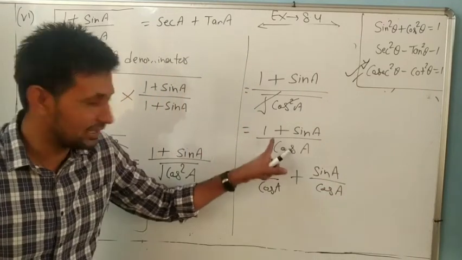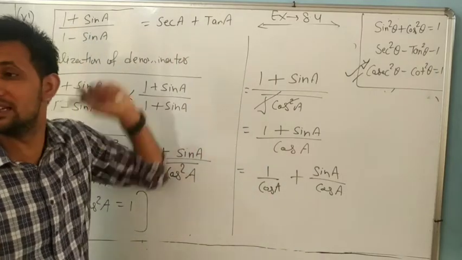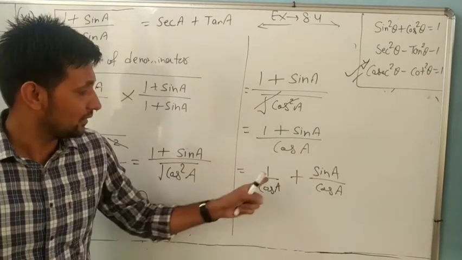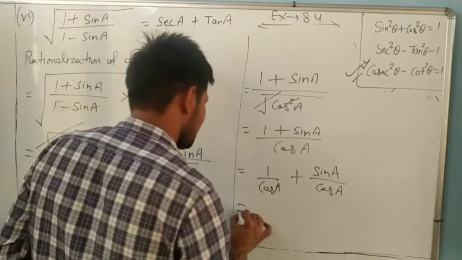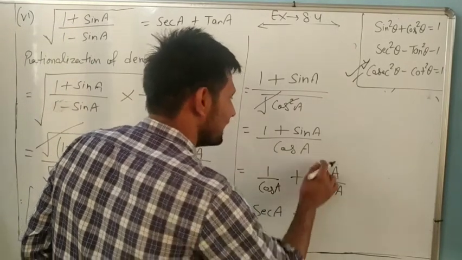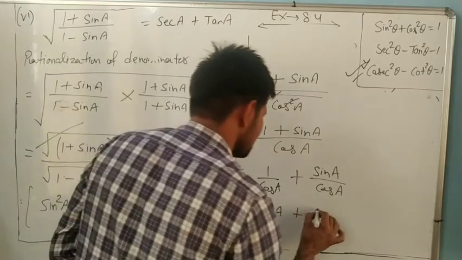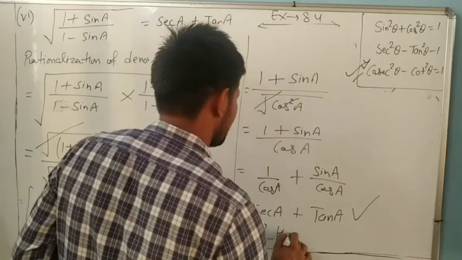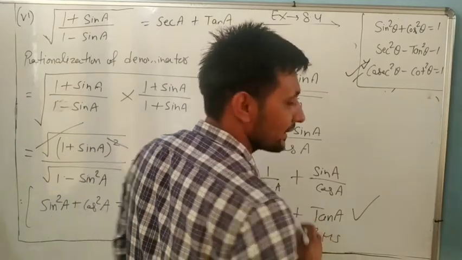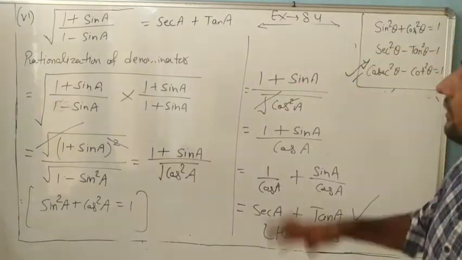If we take the LCM, it becomes so. 1 by cos is always sec a, and sine by cos is always tan a. So it is our formula. Left hand side equals RHS. Okay, dear? Please note it down.